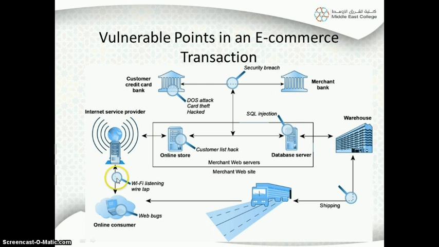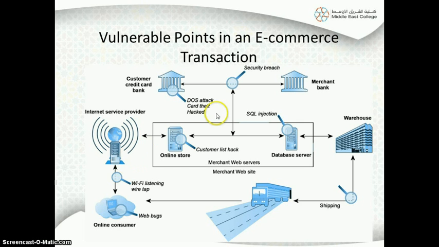Then you have a communication medium to an internet service provider. It can be Wi-Fi or a wire medium. Over there, hackers use wiretaps or Wi-Fi listening to get the information.